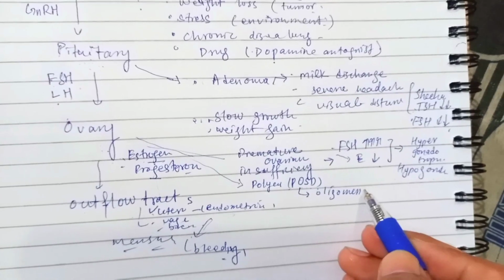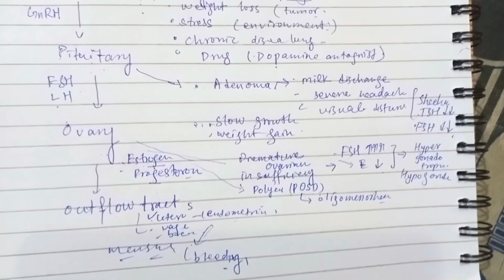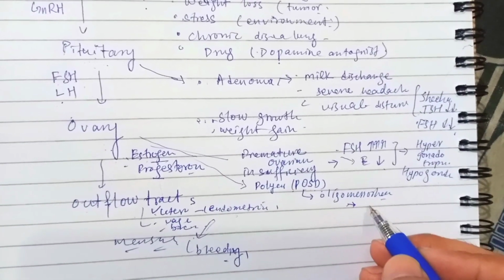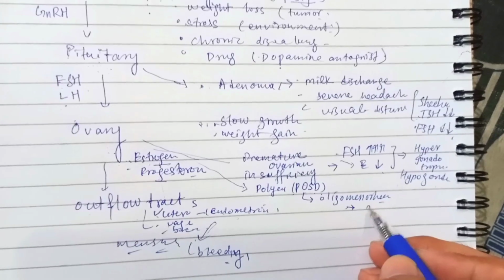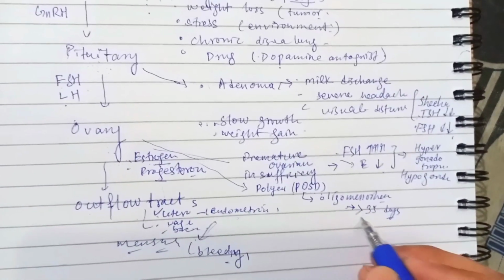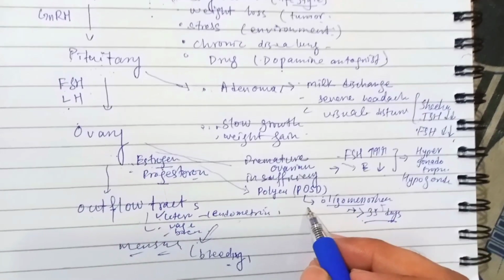Oligomenorrhea is the condition when there are irregular periods at intervals of more than 35 days. More than 35 days irregular periods come under the heading of oligomenorrhea.